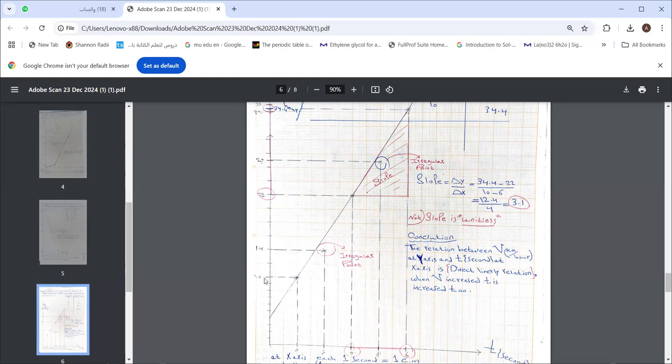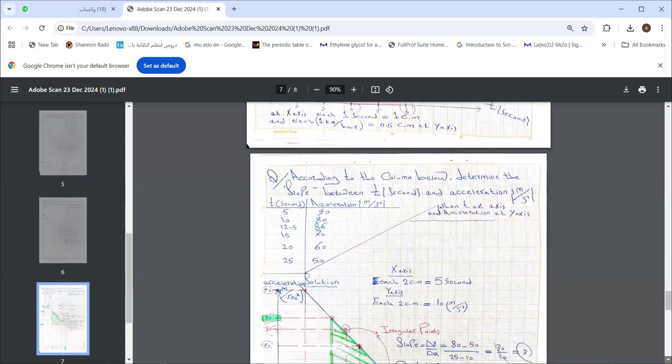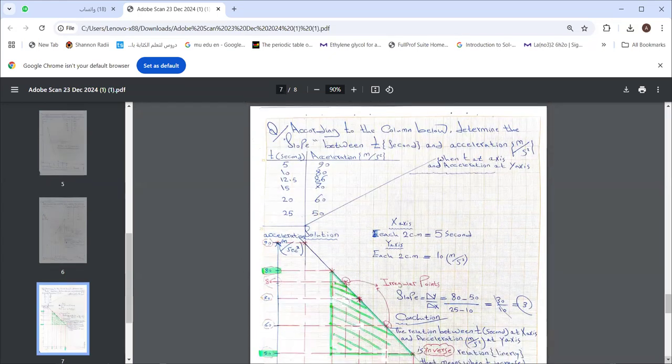It's clear here that 4 centimeters equal 10. Here every 2 centimeters equal 2. The conclusion is it's a linear relation, its kind is direct. Here it's inverse.